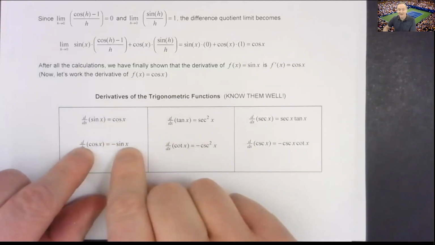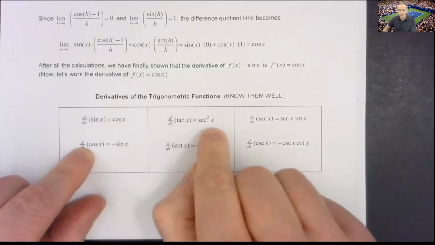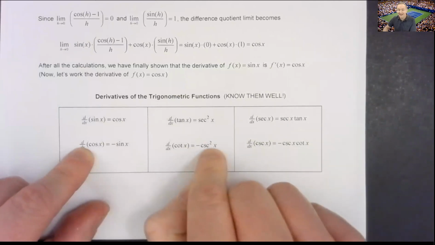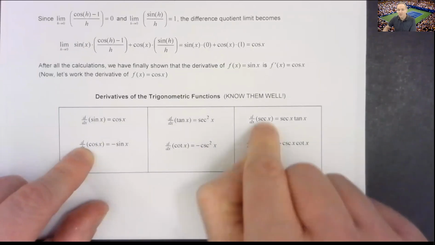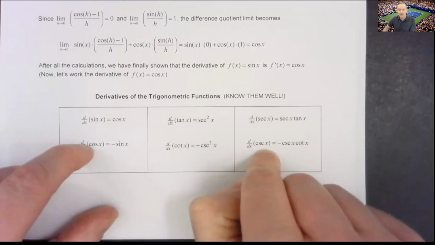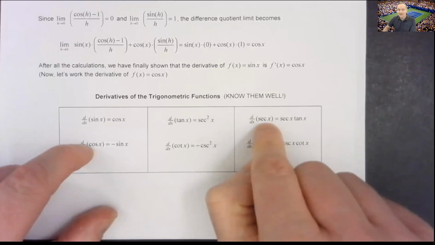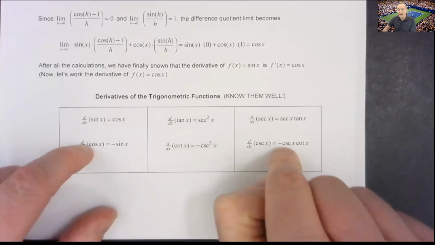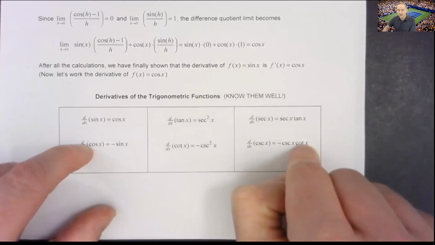Derivative of cosine is negative sine. Derivative of tangent is secant squared. Derivative of cotangent is negative cosecant squared. I always remember secant and cosecant, they're the only two that have themselves in the derivative. Derivative of secant is secant tangent. Derivative of cosecant is negative cosecant cotangent.